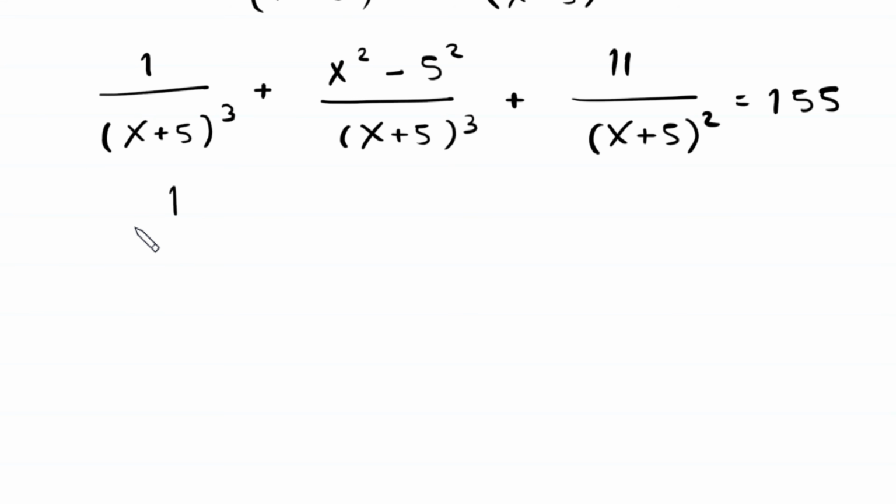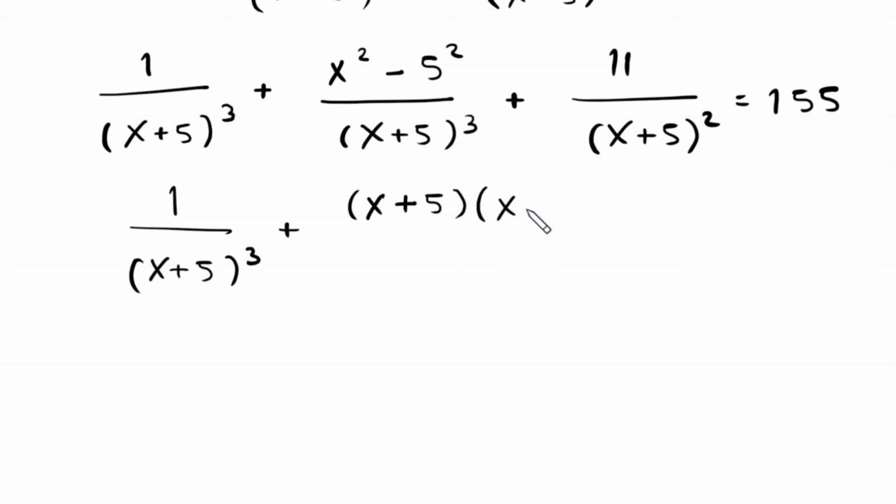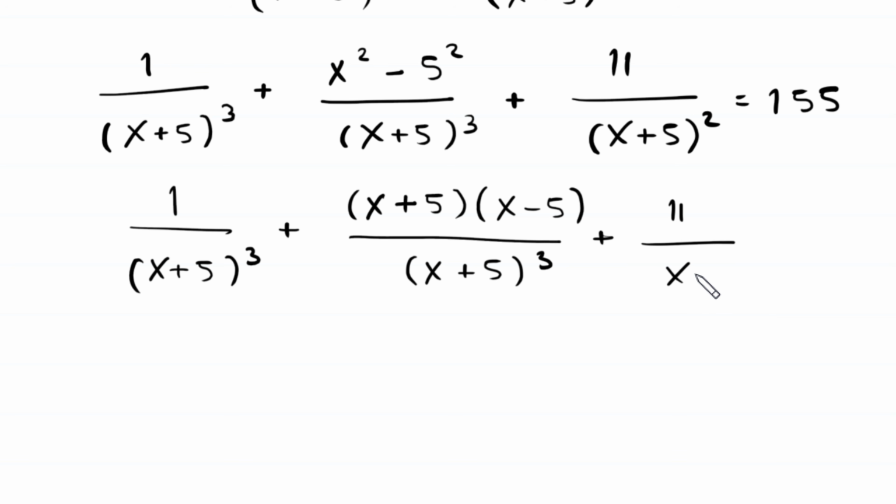Next, 1 divided by (x plus 5) whole cubed plus this will become (x plus 5) times (x minus 5) divided by (x plus 5) whole cubed plus 11 divided by (x plus 5) whole squared equal to 155.